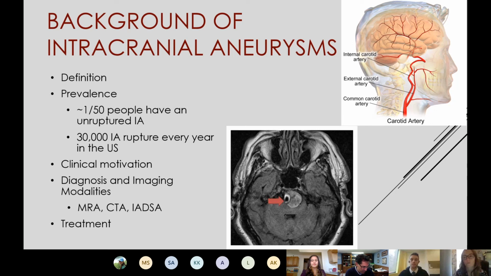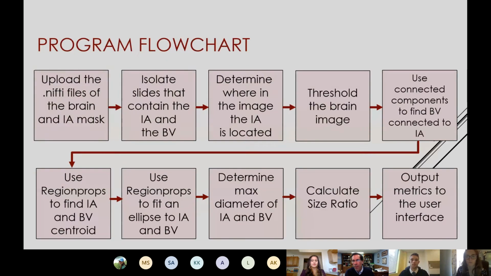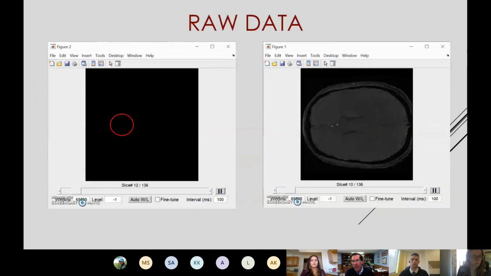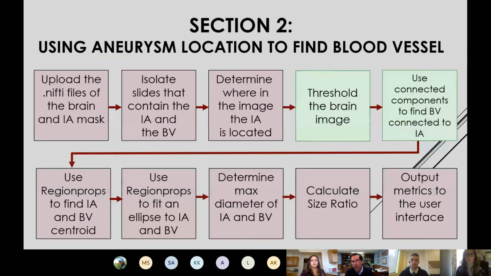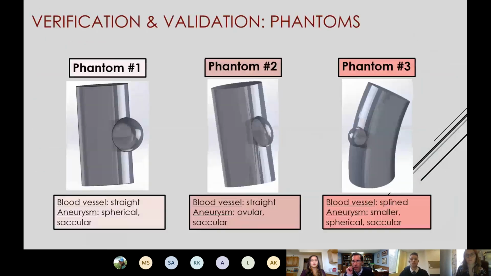Another question I have is, you said one of your requirements was, in terms of error, you needed to be within 1.2 millimeters of the actual diameter. Where did that number come from? Was there a particular standard, or was that something that was just decided up front?